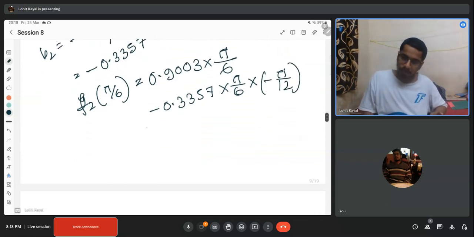So we need to do the calculation here. 0.9003 into pi divided by 6.